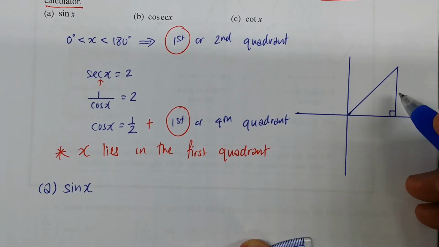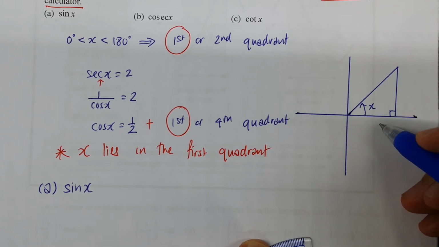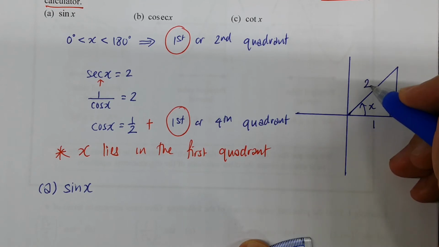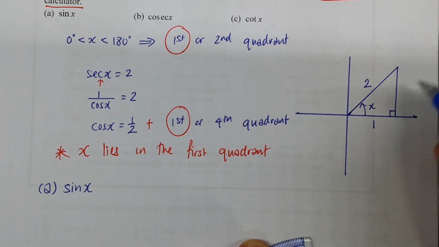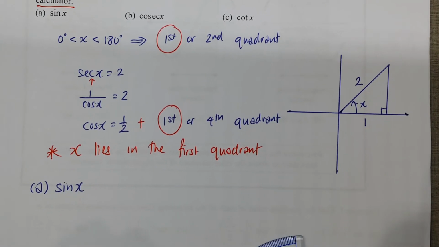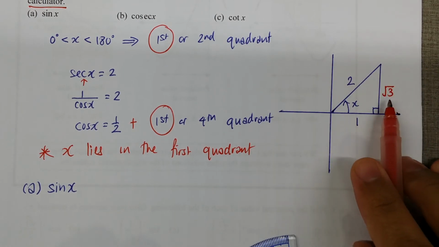Pardon my drawing, this may not be proportionate. So cosine x is adjacent over hypotenuse. Pythagoras theorem tells me that the remaining side is what? I will not emphasize this here, you go and find out. Pythagoras theorem tells me that this is square root of 3.